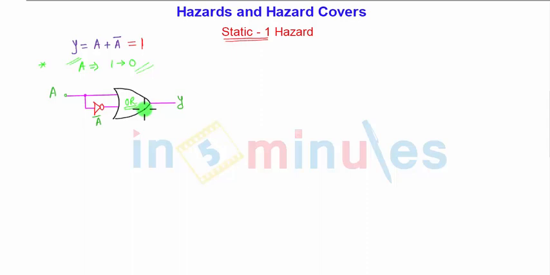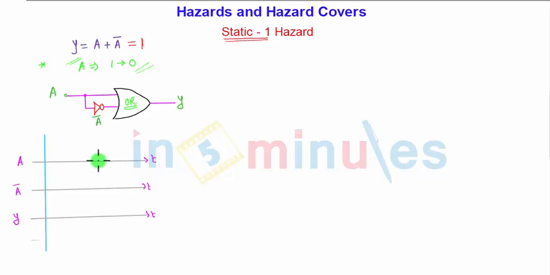Let us draw the timing diagram of this circuit to understand the static 1 hazard. This is A, this is A bar, and the final output Y, A plus A bar, should be plotted at this point. This is the time axis, and this is the amplitude or voltage axis, the logic 1 and logic 0 level.